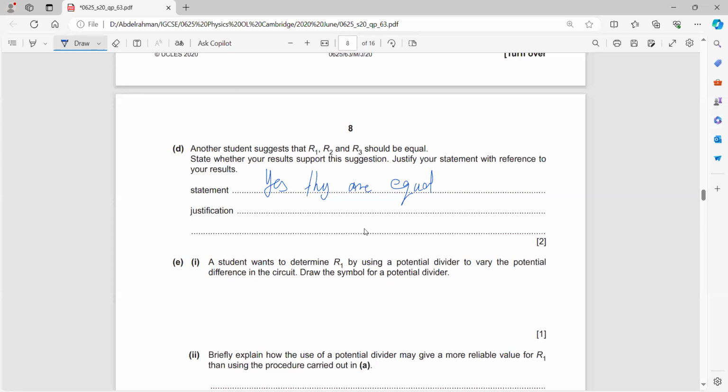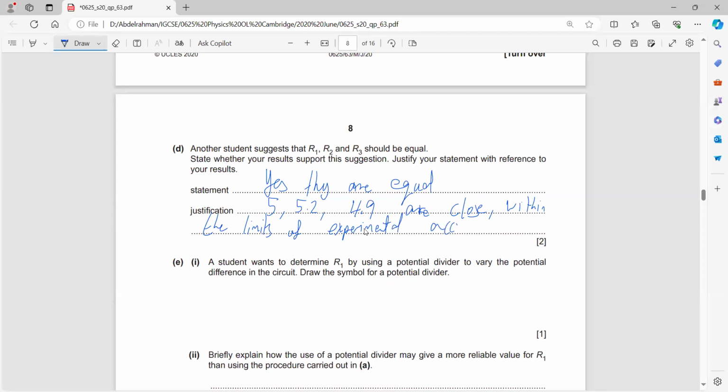It means that I have to write down the numbers. I have to prove with the use of the numbers. 5.0, 5.2 and 4.9 are close. Right? They are close and within the limits of experimental accuracy.